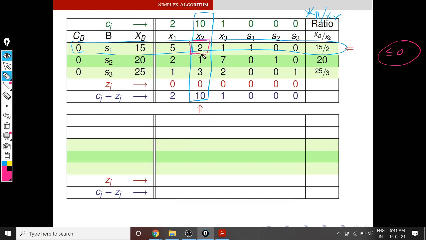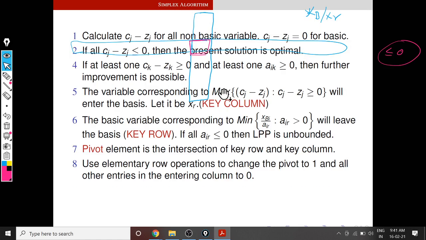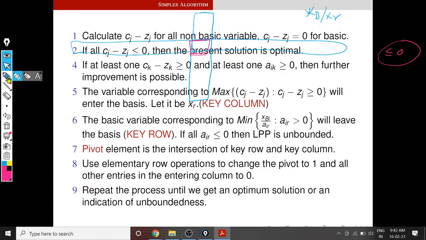Then what is our next procedure? Next we have to convert this pivot element to 1. After identifying the key column and key row, we identify the pivot element.